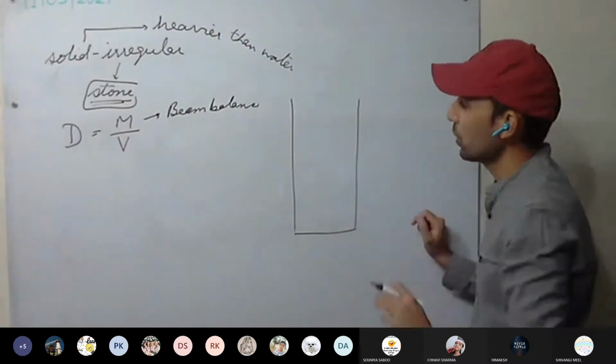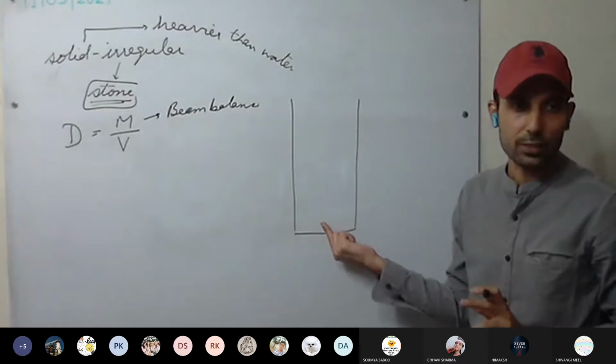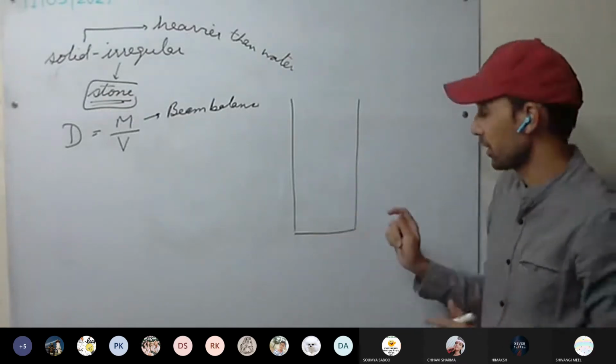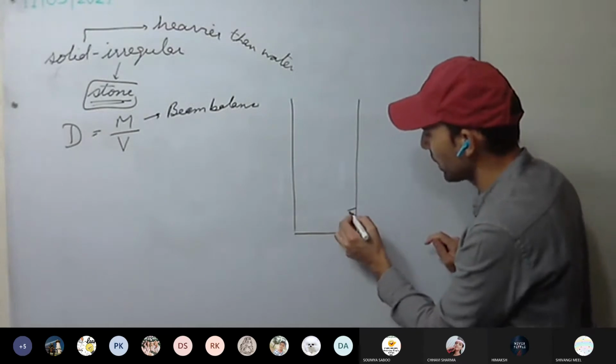So what we are going to do, first we are going to take a measuring cylinder, a very clean measuring cylinder. It is calibrated in 1 ml.